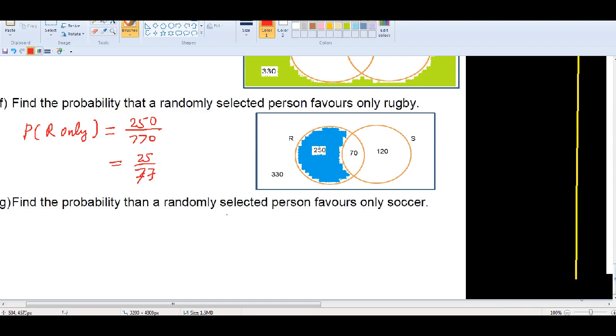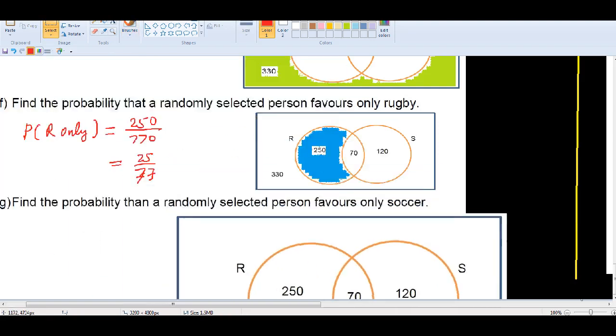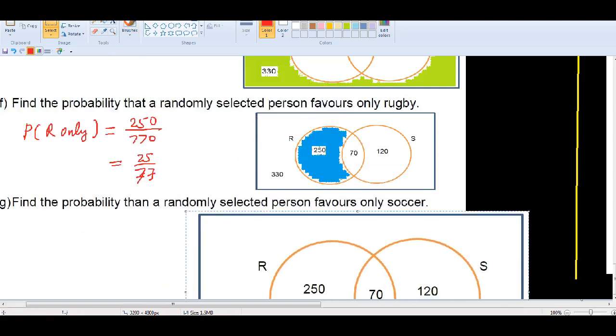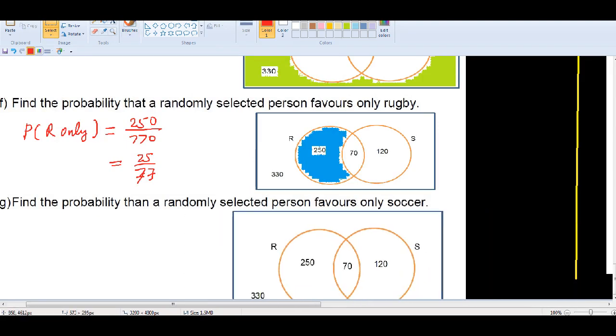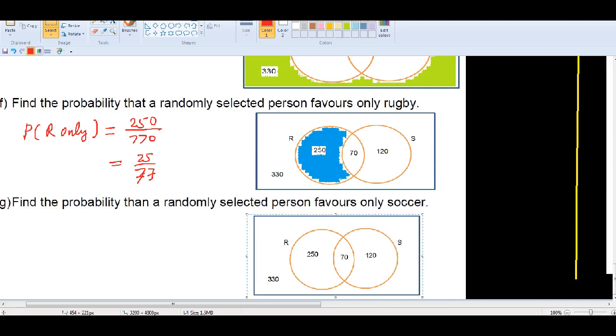The last one, find the probability that a randomly selected person favors only soccer. Okay, so it would be the other way around. Okay, got it. So this time favors only soccer.